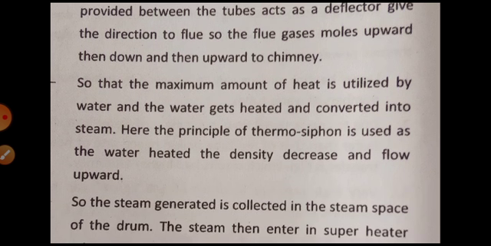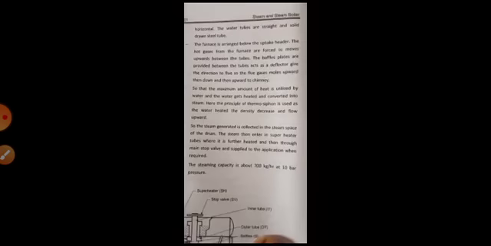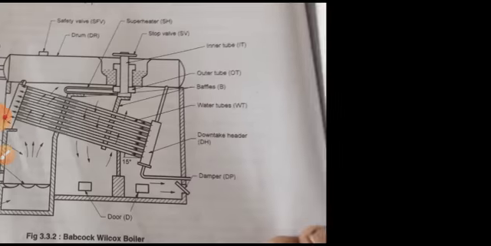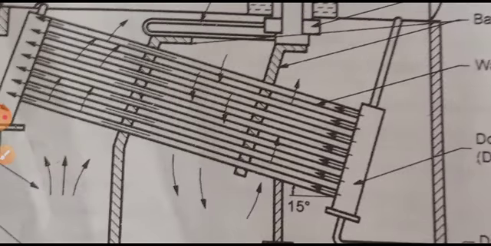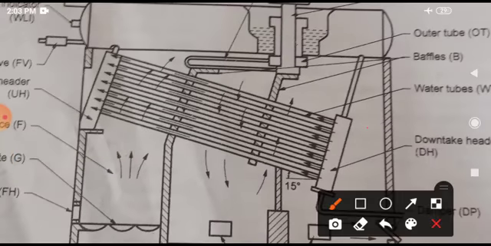Here the principle of thermosiphon is used. As the water is heated, its density decreases and the flow of water takes place upward. Here this is the downside where the water inlet is. As water gets heated, it rises because its density goes on decreasing, and higher density water from this tank goes to this downward portion.